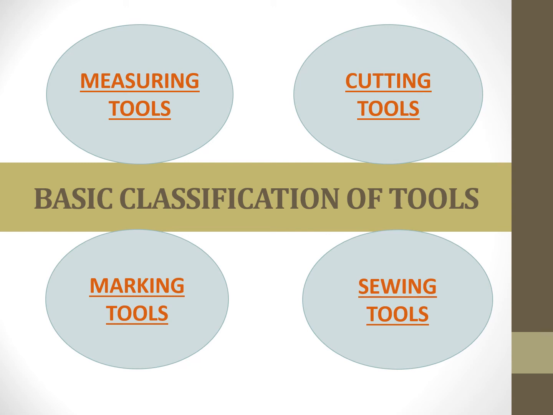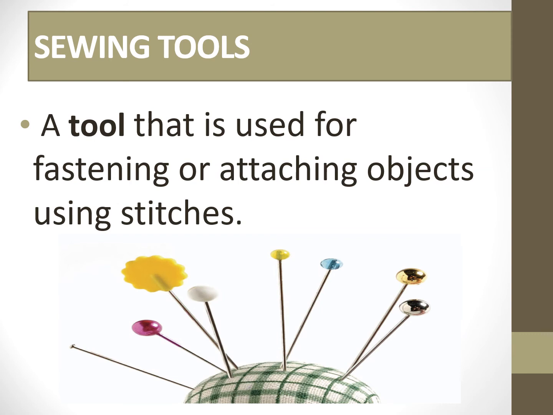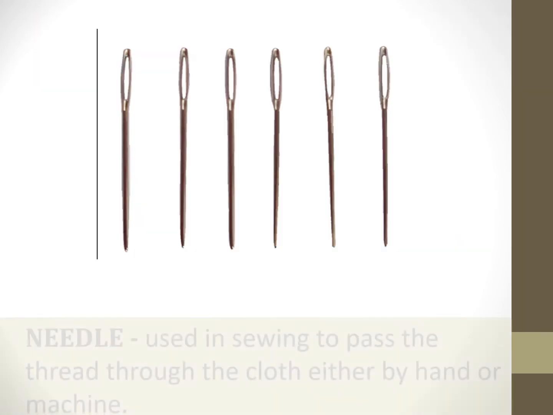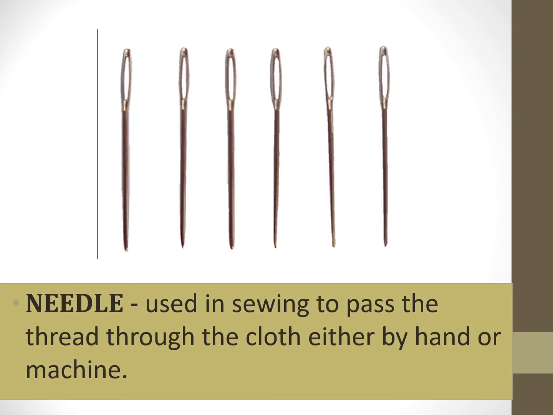Last one, we are going to discuss all about sewing tools. Sewing tools are tools used for fastening or attaching objects using stitches. Needle, used in sewing to pass the thread through the cloth either by hand or machine.